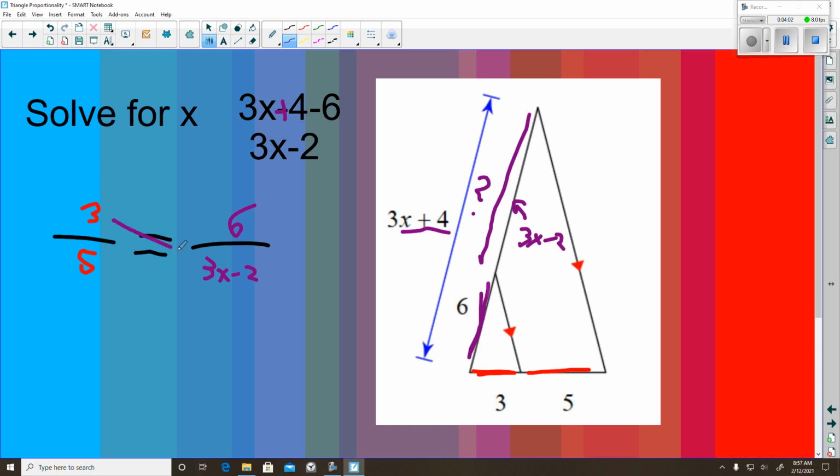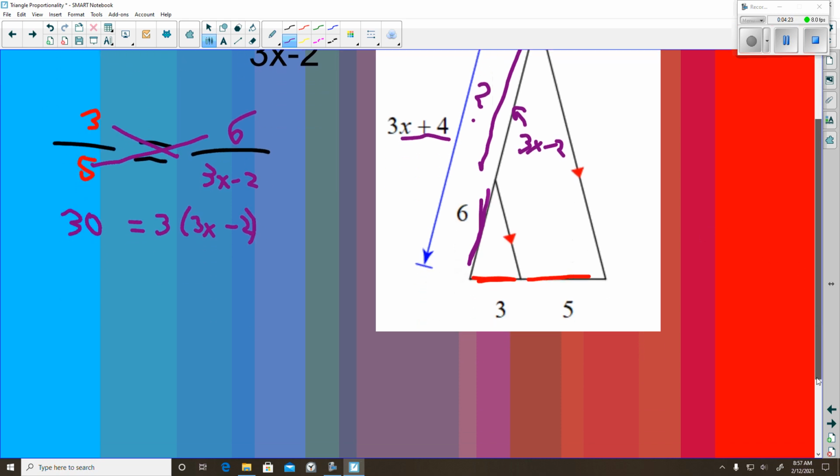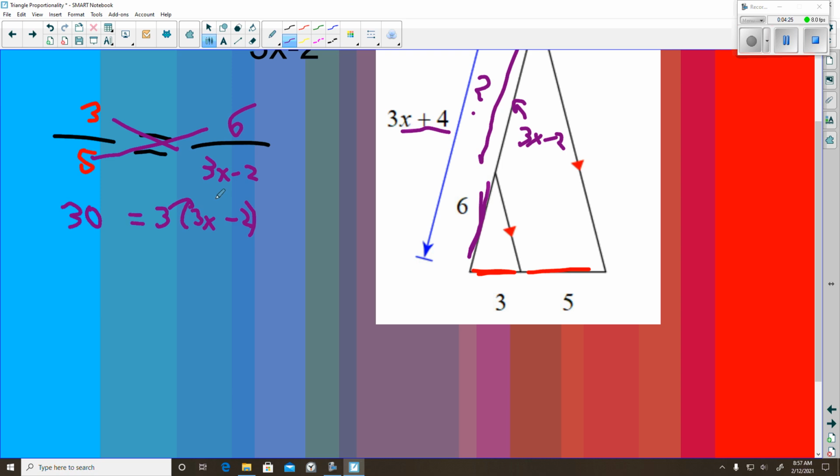Now you can cross multiply, same way we did. We have 5 times 6, which is 30, and that's going to be equal to 3 times (3x minus 2), because you have to cross multiply. Continuing this problem, if you distribute, you're going to get 30 equals 9x minus 6.